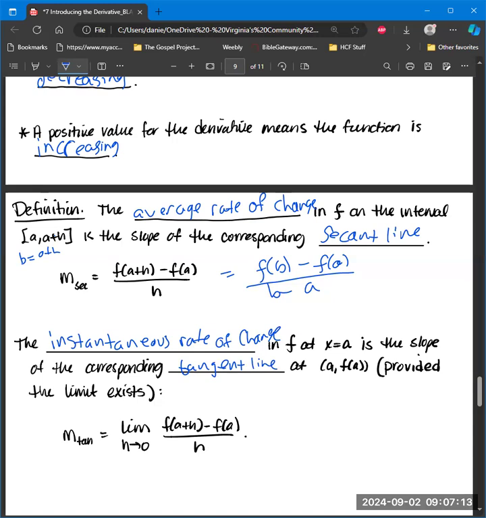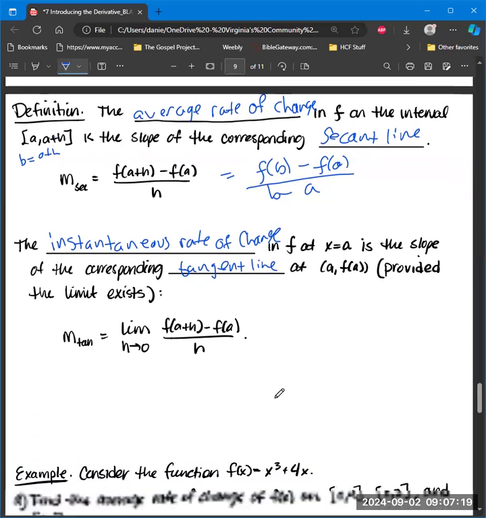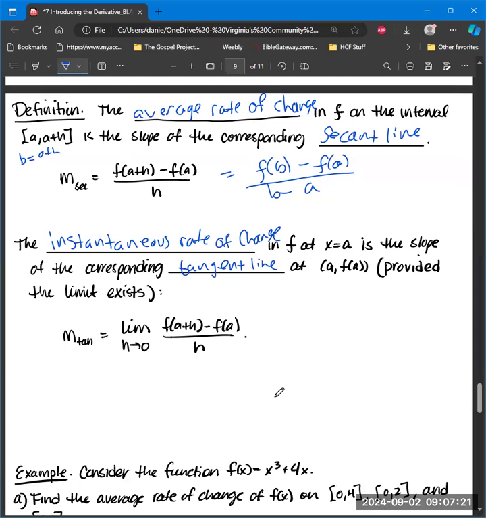The slope of the tangent line is the limit as h goes to 0 of f of a plus h minus f of a over h, or you could say that it's the limit as x goes to this a value of f of x minus f of a over x minus a. It's the same thing.